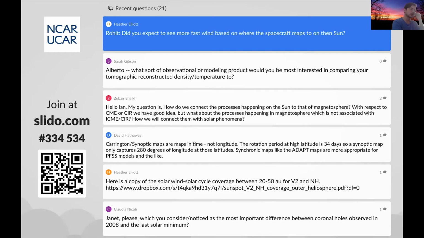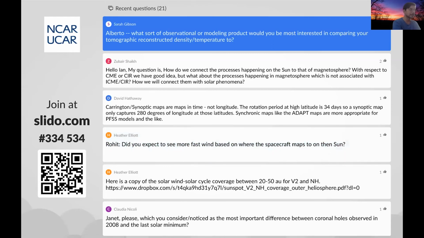As far as the model goes, we've actually tried to map the PSP location back to the solar surface that you have in the model. And I think because we're using lower resolution magnetograms, we just don't map back to the low-lying coronal hole. It's just not there at our coronal base.